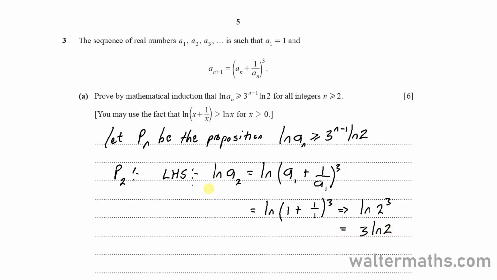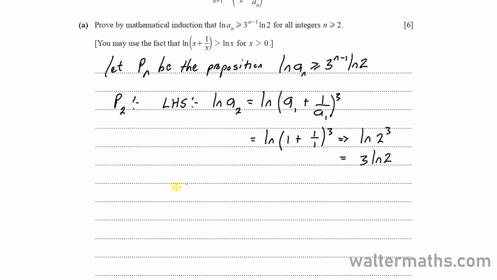So this is what we're getting for the left hand side. And for the right hand side, when n is equal to 2, that will be 3 to the power of 2 minus 1 ln 2. And this simplifies to 3 ln 2, which is equal to what we got on the left hand side. And so p sub 2 has been proven to be true.